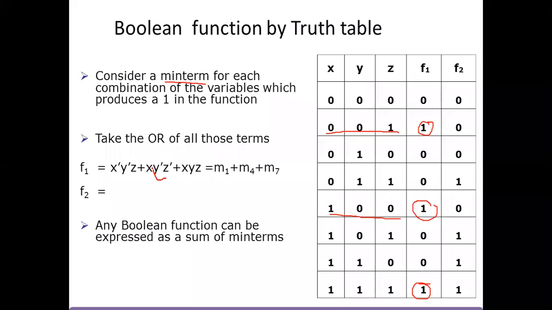Y and z are primed mainly because these two values are zeros. After that, in the corresponding row, we have x, y and z all ones, so no variable is primed here. Likewise, we can write the min terms for function F1.